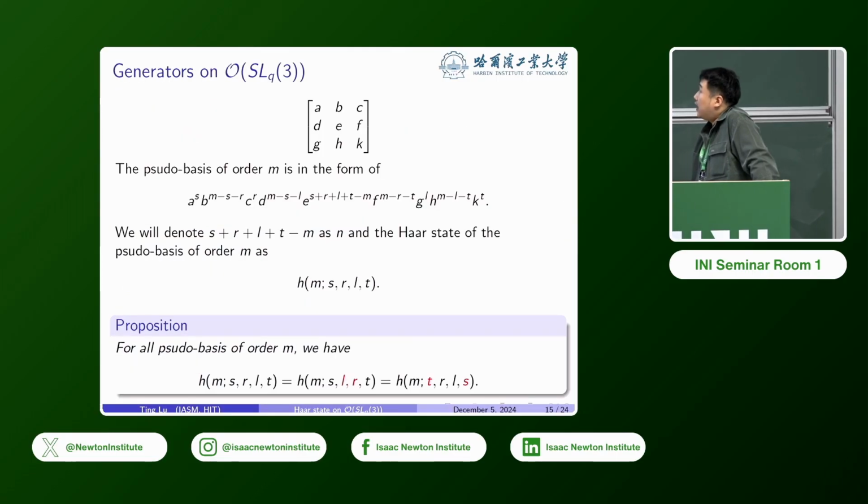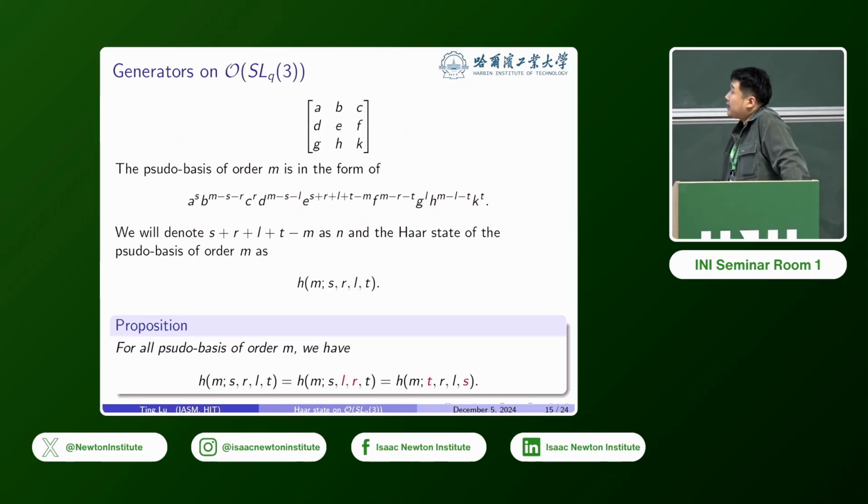Then let's focus on OSL_q(3). This is going to be the generator matrix, written to save some space. The pseudo basis of order m I pick is going to be in this form, and each pseudo basis element of order m will be indexed by 5 numbers.